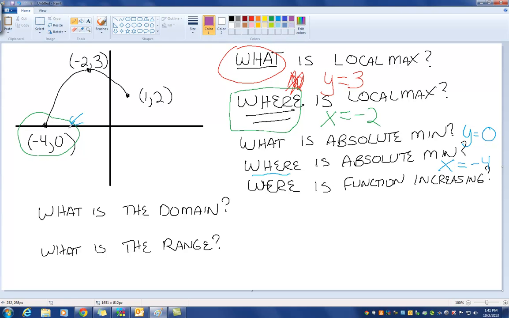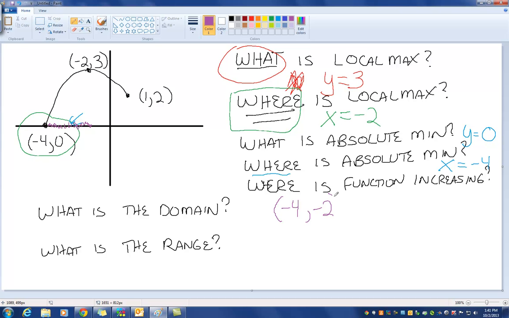And so let me just use the lavender to describe this set of values of x where the function is increasing above those values of x. And so where that occurs is on the interval from -4 all the way up to -2. So it starts at x equals -4, ends at x equals -2.